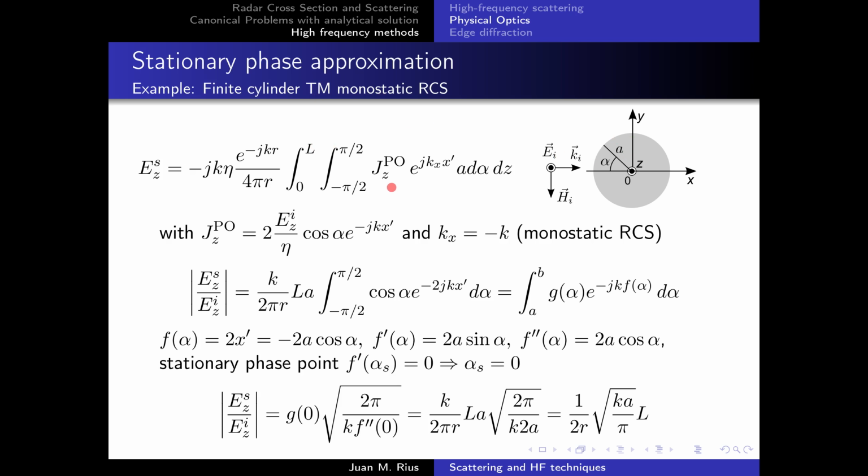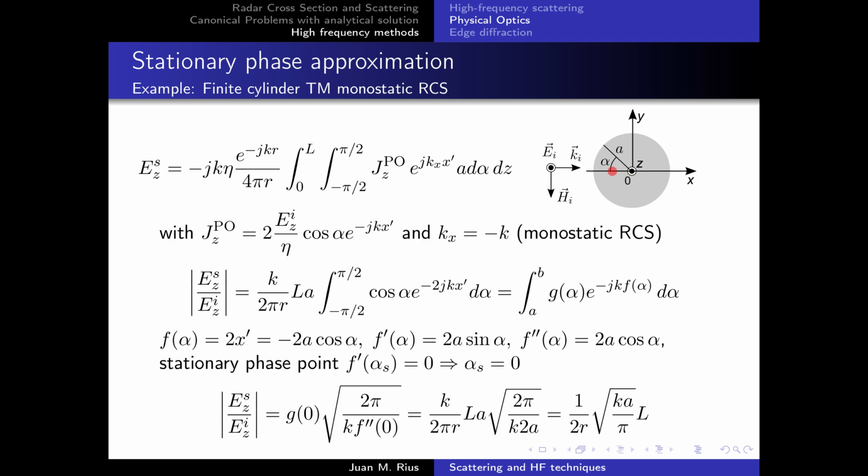So we integrate the physical optics current times the Fourier transform complex exponential, a surface integral in z coordinate from 0 to L, where L is the length of the cylinder. In alpha coordinate, alpha is like phi, but in fact alpha is pi minus phi.